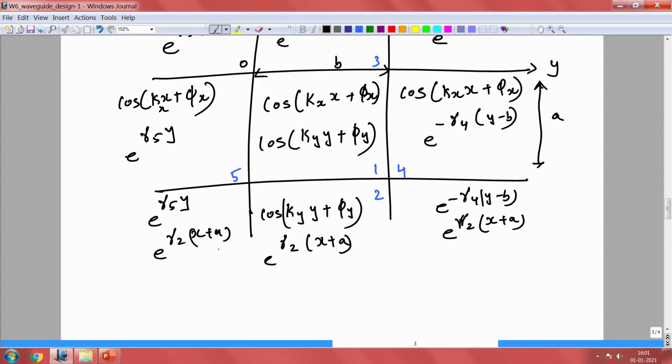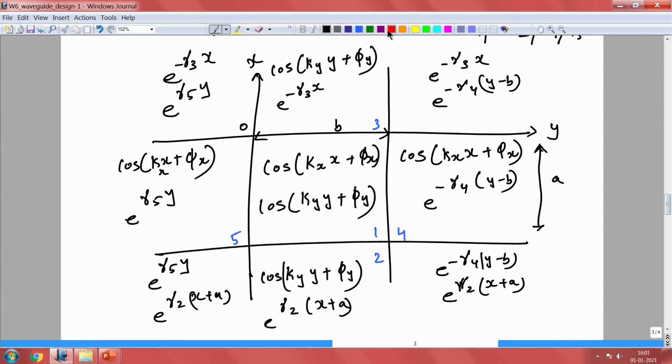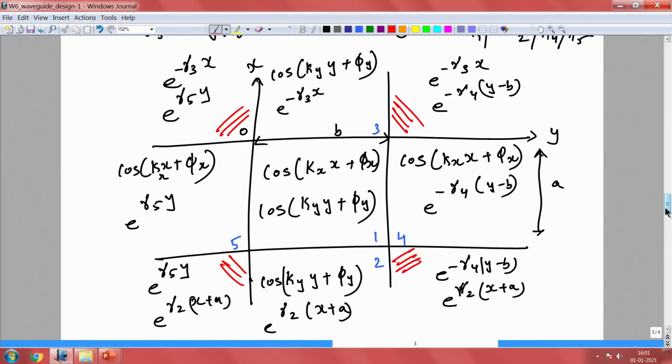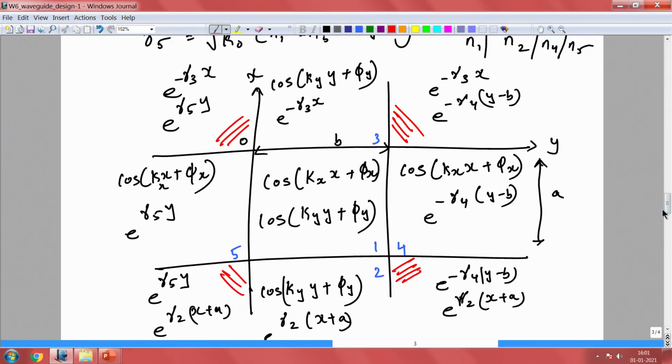So, now the corner regions have only decaying solution, you will not have any field here at all. So, this is what the challenge is about when you are doing an analytical solution to this.